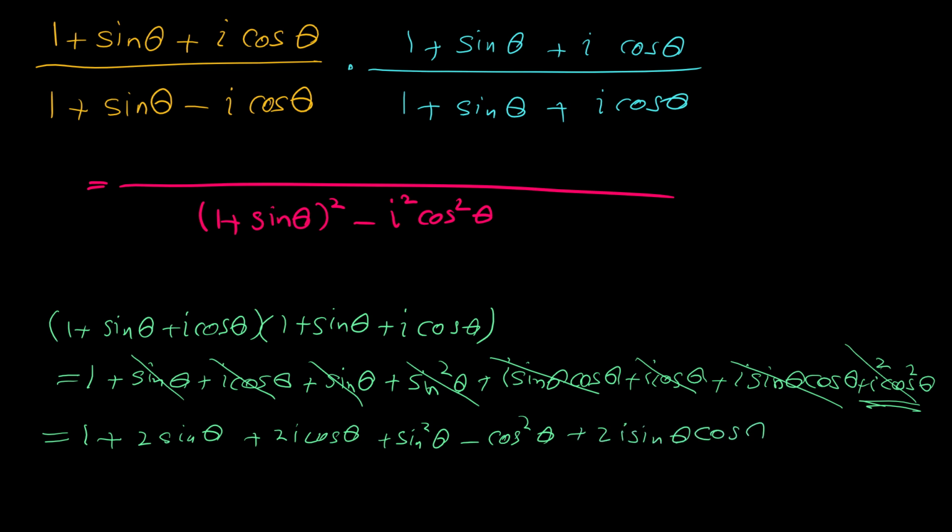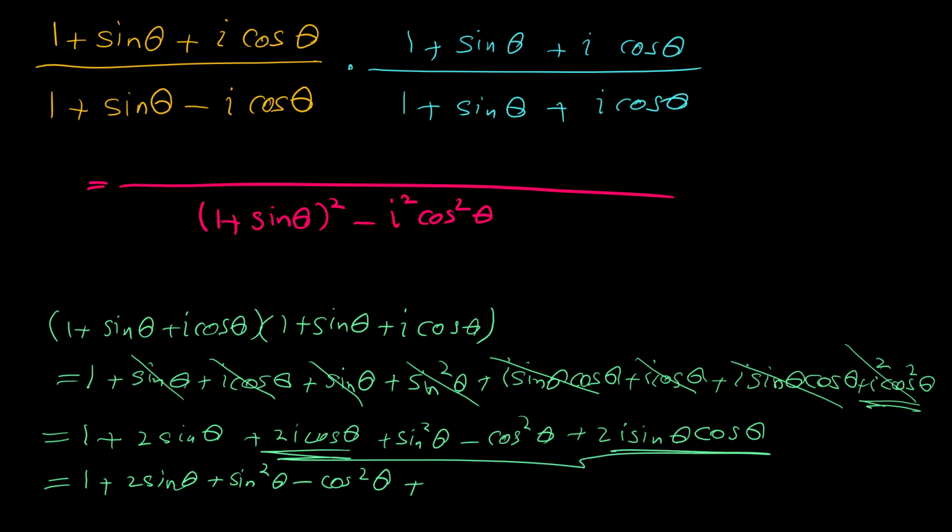Now let's group real terms by each other and imaginary terms by each other. So basically we have 1 plus 2 sine theta plus sine squared theta minus cosine squared theta. And we have this term and this term as the imaginary part.